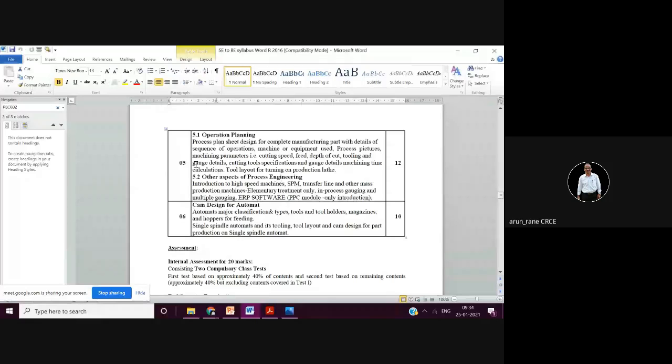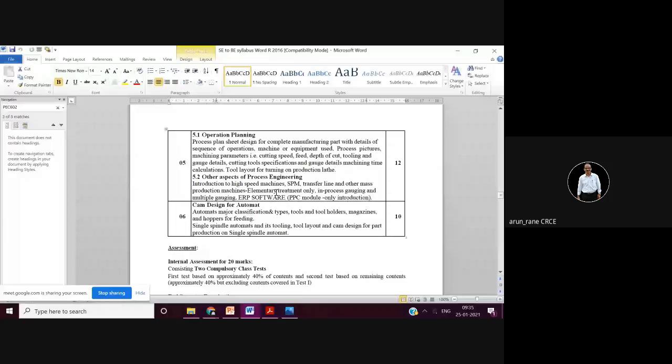Hardness depends on what, how long the current has to be circulated, for how much time, what should be the value of the current, and so how much case depth you are going to get in induction hardening. So all those calculations will be taught in operation planning, so that you will be able to calculate the total time, and this will be useful for giving the quotation to the customer.